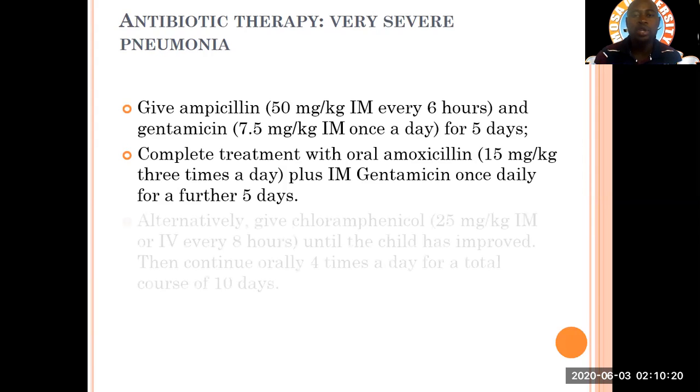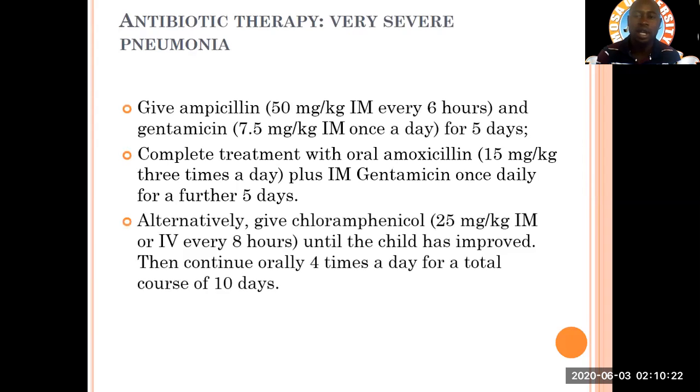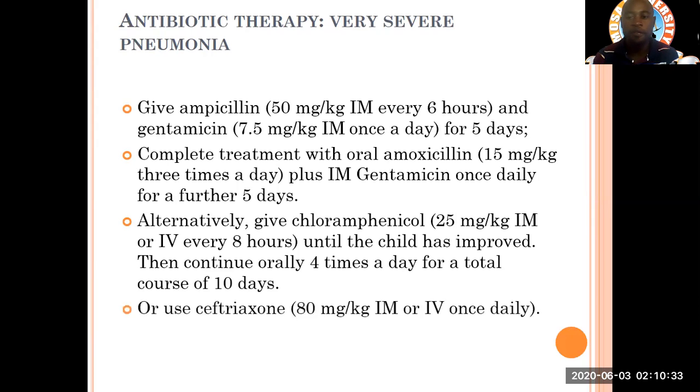You complete this treatment with oral amoxicillin 15 milligrams per kg TDS plus IM gentamicin OD for 5 days. Alternatively, give chloramphenicol 25 milligrams per kg IM or IV every 8 hours until the child has improved. Then you continue with the oral, 4 times a day for a total course of 10 days.